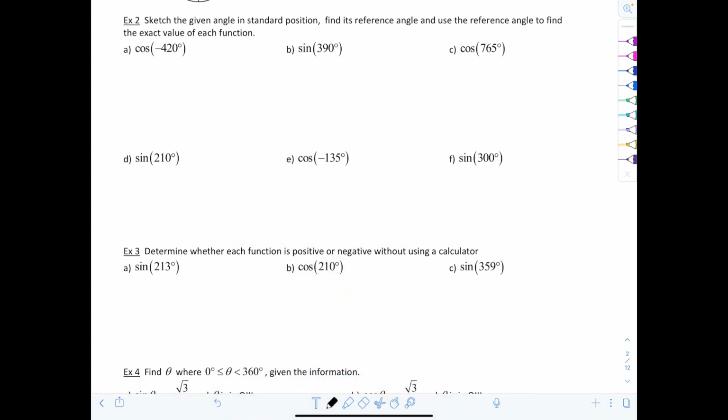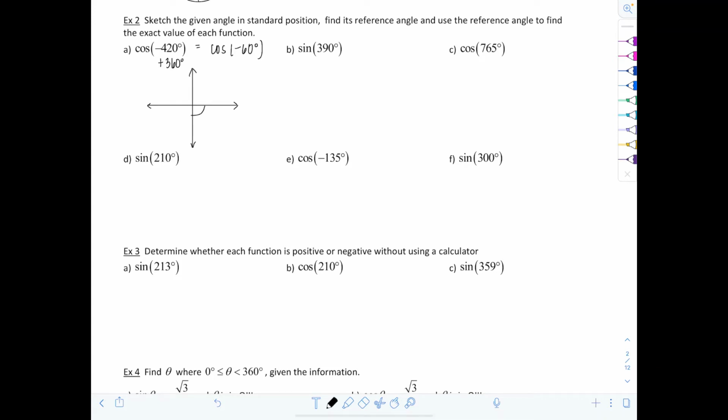First things first, I know that's bigger than negative 360, which means we've spun around the unit circle once. So this is the same, if I add 360 degrees, as cosine of negative 60. Let me explain what I did. I know negative 420 is larger than negative 360.